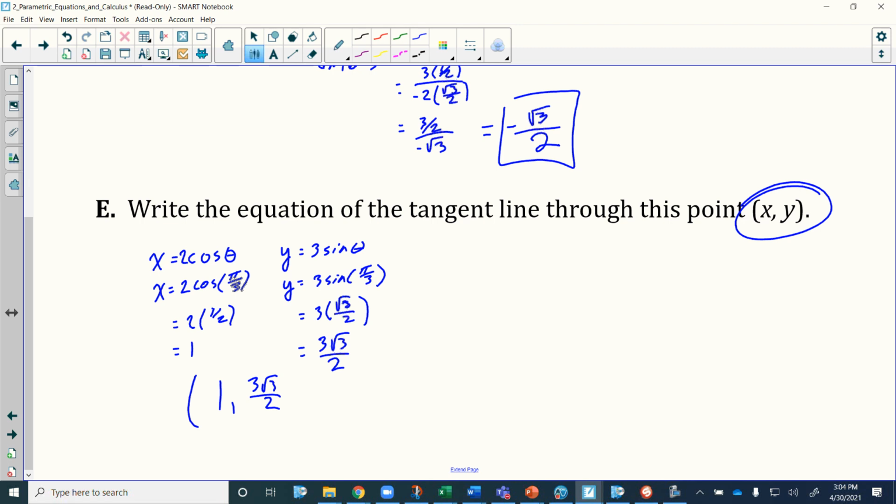That is the point that we should be tangent to. We have our slope of our tangent line. We have our point that we're going to be tangent to. So the tangent line in this case should be y is equal to negative radical 3 over 2 times x minus 1 plus 3 radical 3 over 2. And there's our tangent line.